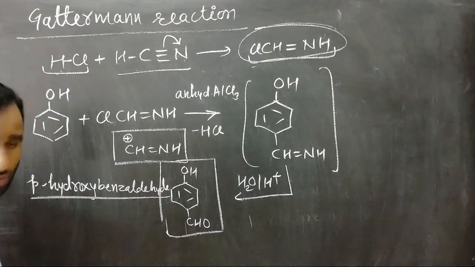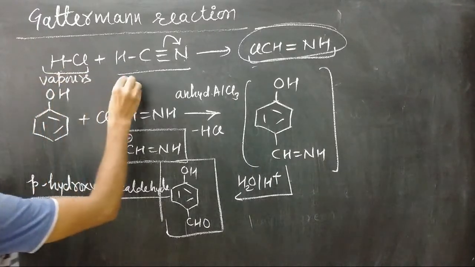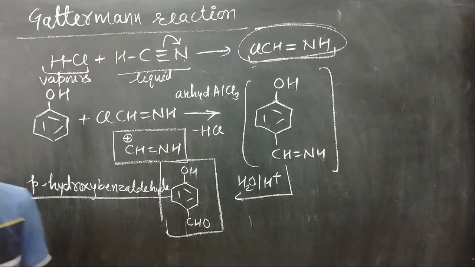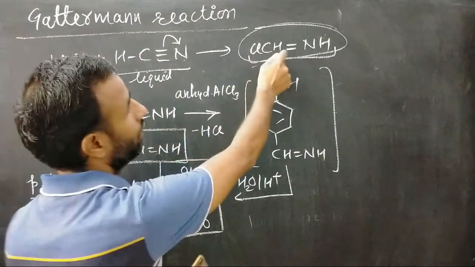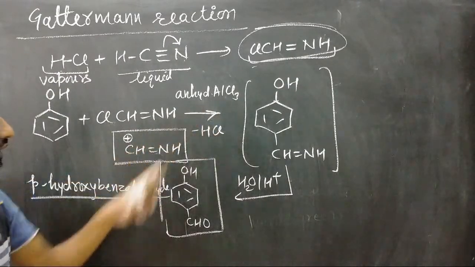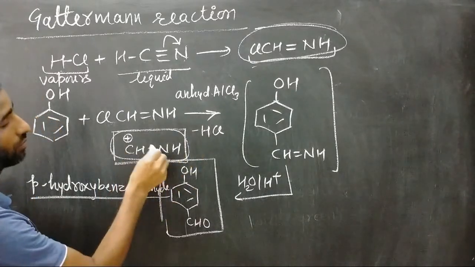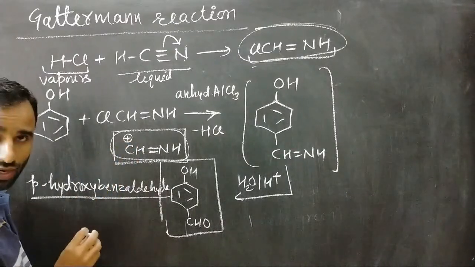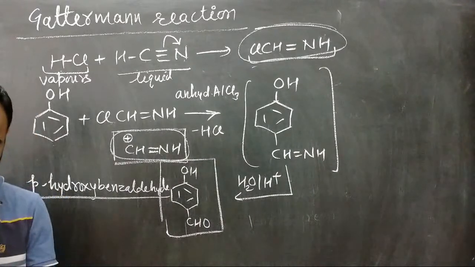There is no water. These are vapors of HCl, and HCN is in the liquid form, so that we get this product, which in anhydrous AlCl3 produces CH double bond NH cation, which acts as an electrophile and attacks at the para position.